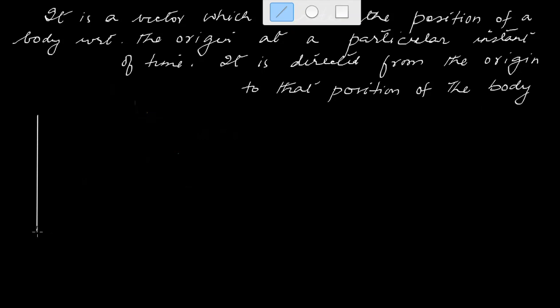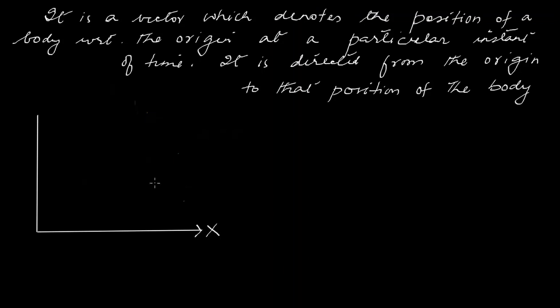This is the y coordinate and that is the x coordinate. Let's say this body is going from point A and it reaches point B, going in that direction.